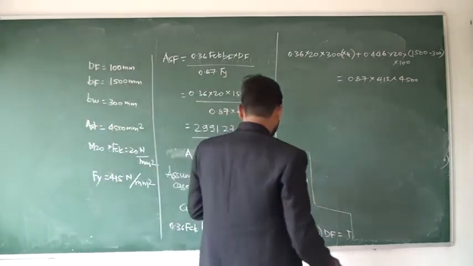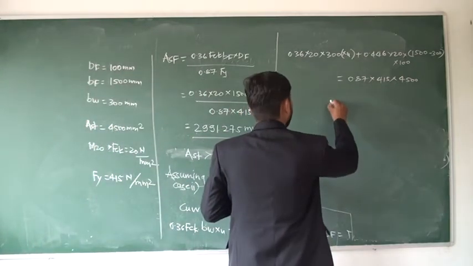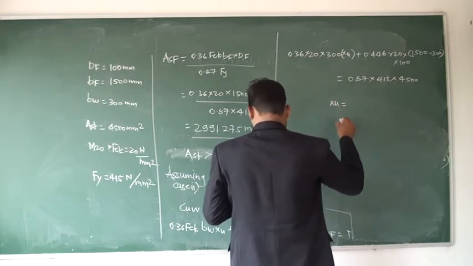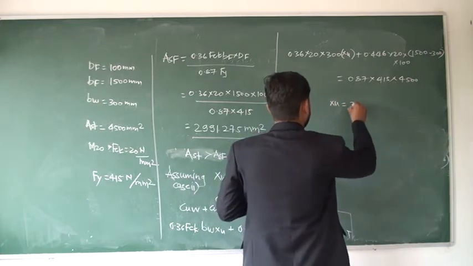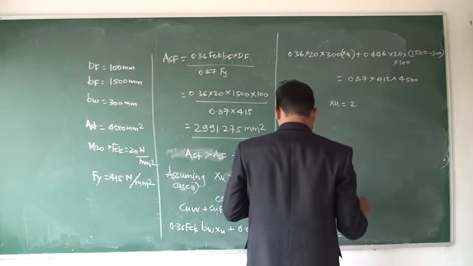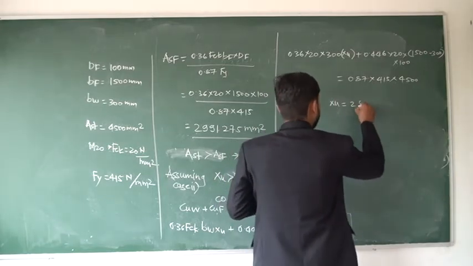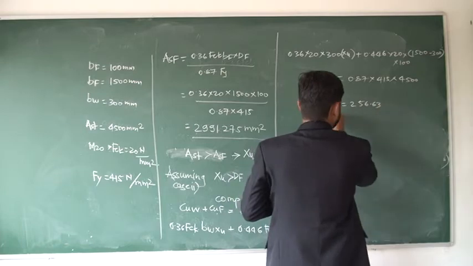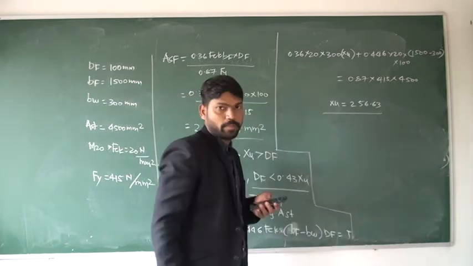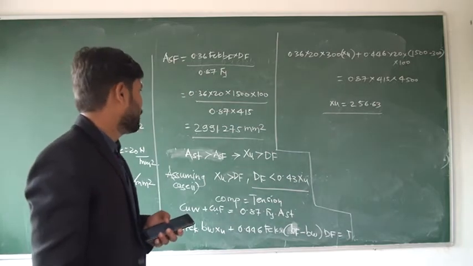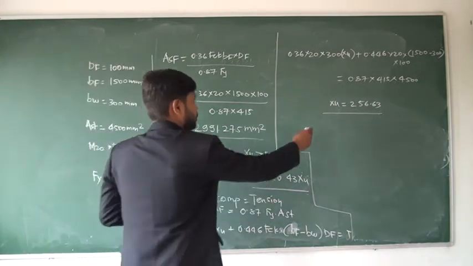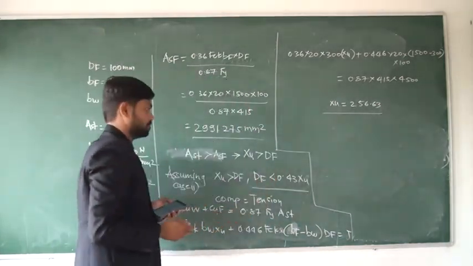Now if we calculate this, we will get the value of XU. It is 256.63. From this we know that XU is greater than DF.